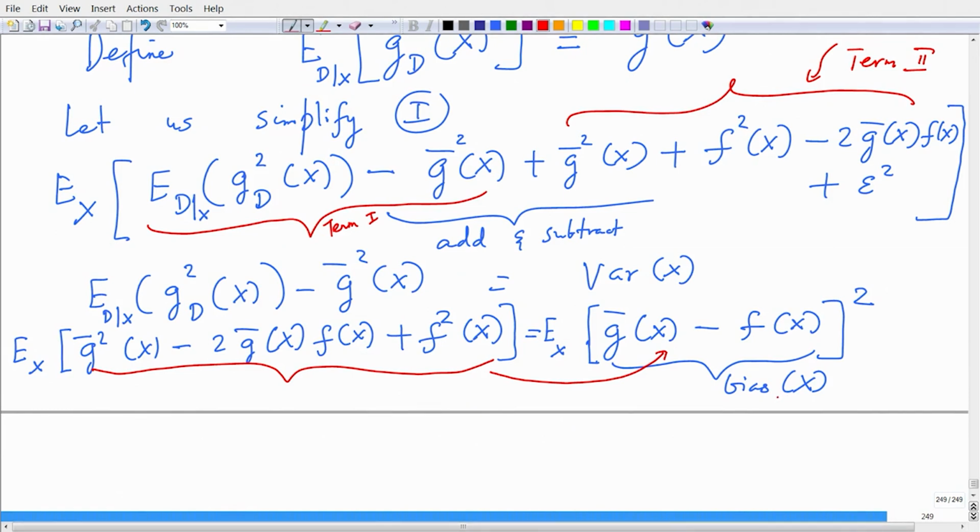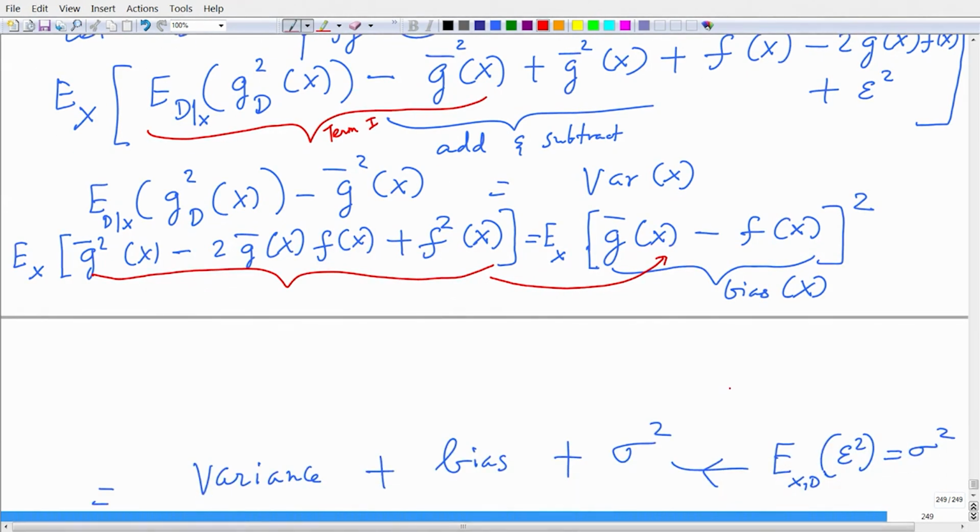So this is a bias as a function of x, and when I do this expectation I get this bias which is averaged over all x. So what I land up finally is I have a variance term.